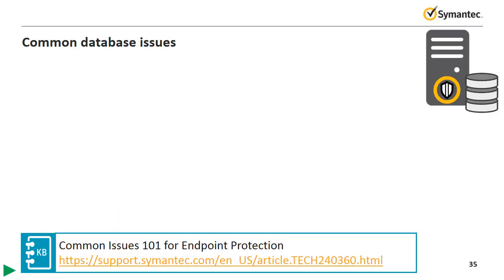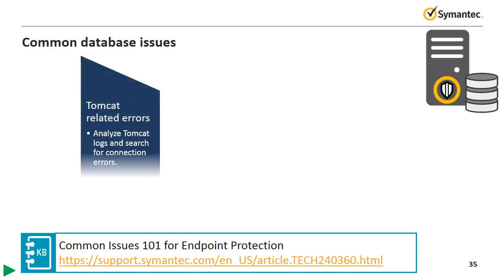Here are some examples of database issues. One symptom is that you're experiencing Tomcat-related errors. To resolve, analyze the Tomcat logs and search for connection-related errors. Based on your findings, you may need to check the database configuration or rerun the management server configuration wizard.